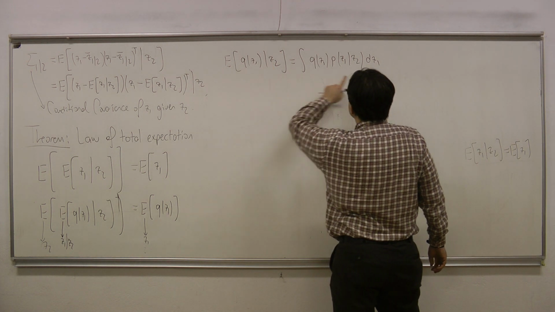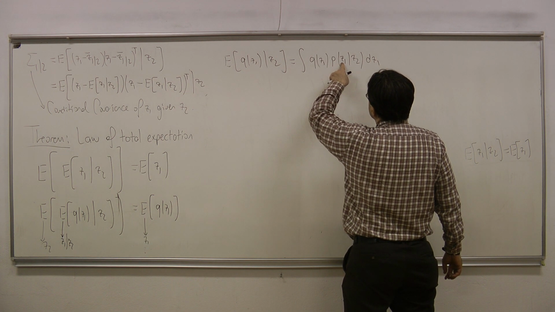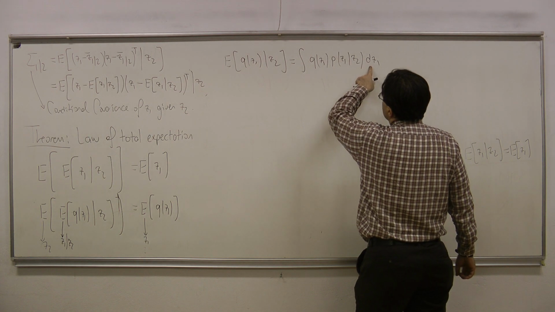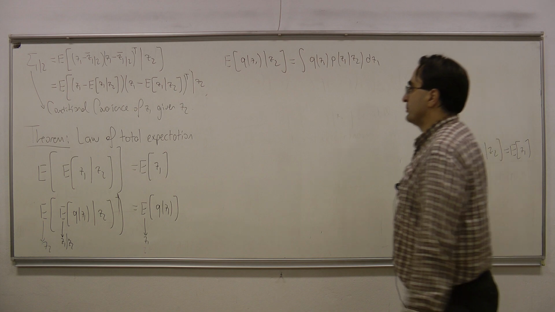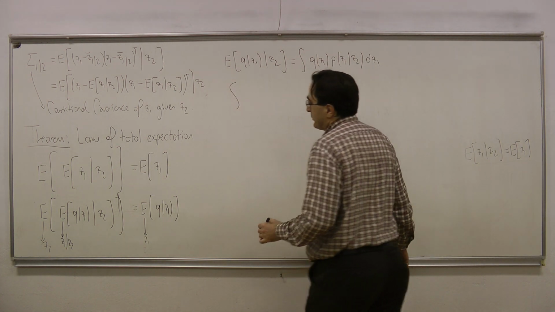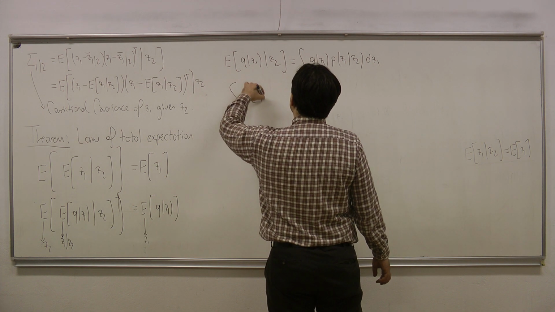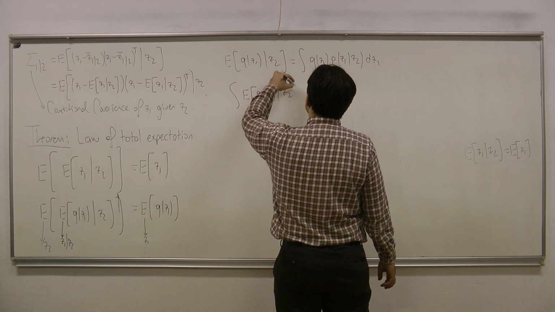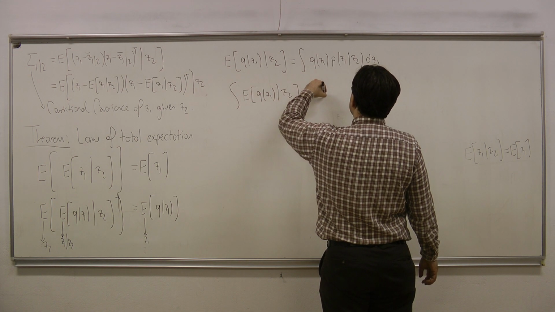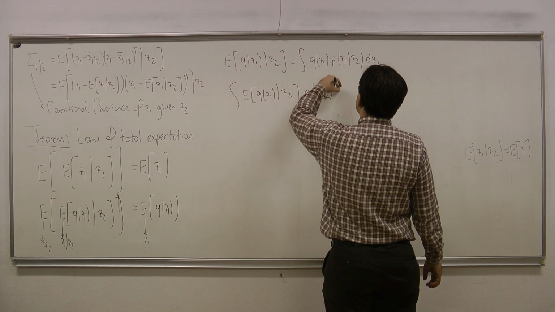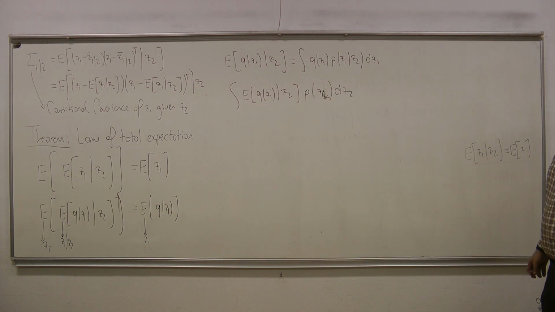Z2 is given to us, and therefore I need to take expectation with respect to the density of Z1 given Z2, and integrate with respect to Z1. And what about the outer expectation? The outer expectation is with respect to Z2 only. The expected value of Q of Z1 given Z2 is a function of Z2 only. As a result, this expectation is with respect to the marginal distribution of Z2.